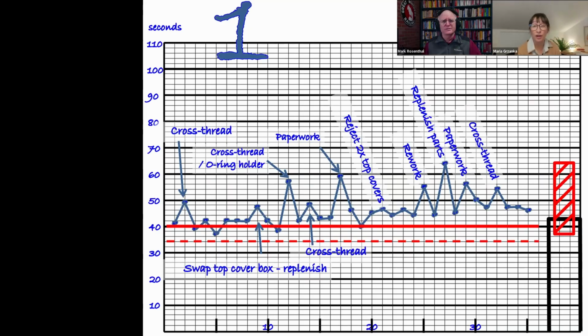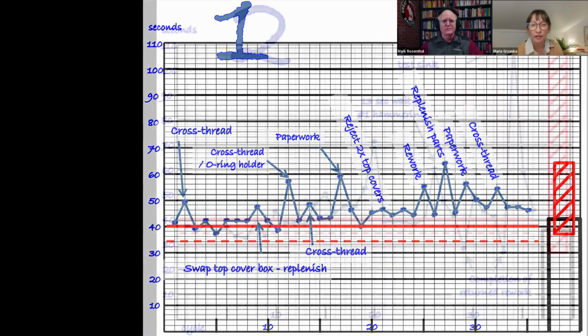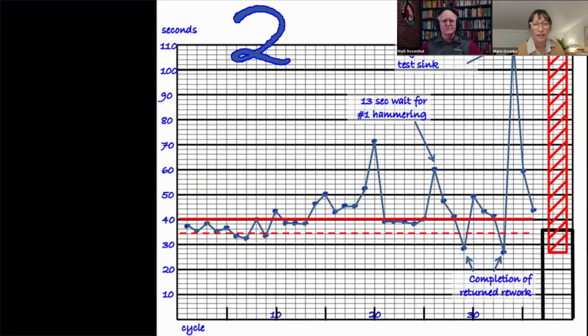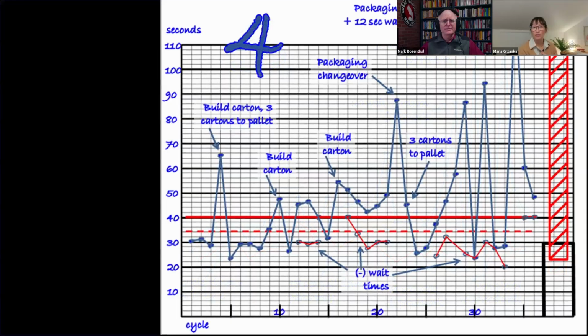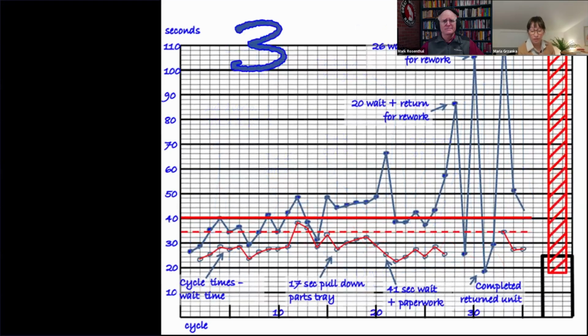I'm looking at this graph, seeing that blue line far above the solid red line. Yes. It seems like the blue line is sometimes under the solid red line, and way under if you take out the waiting time. Okay, I see what you're doing here.